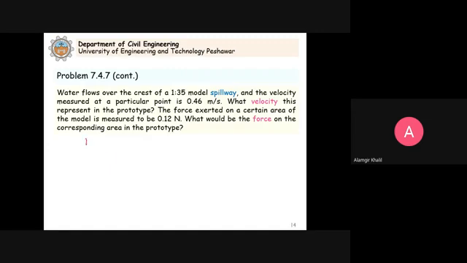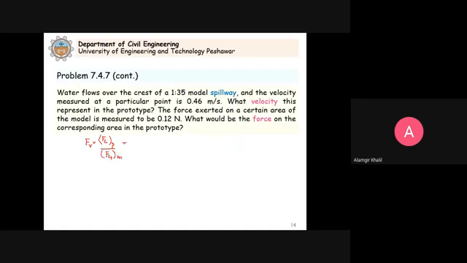For example, if I consider Fr, that is equal to the gravity force Fg in the prototype, divided by the gravity force in the model.